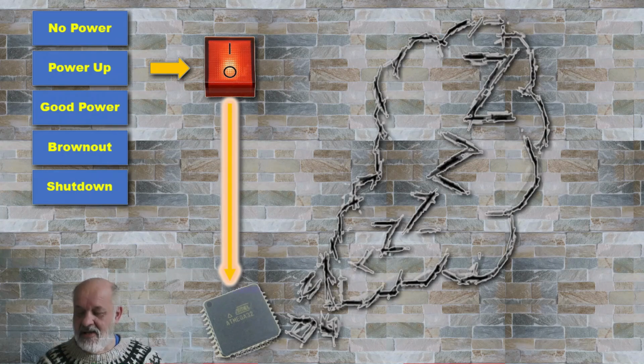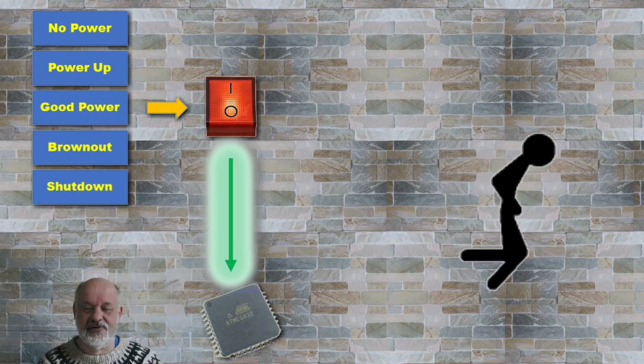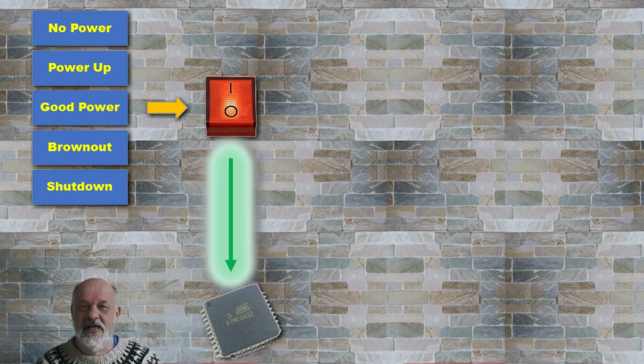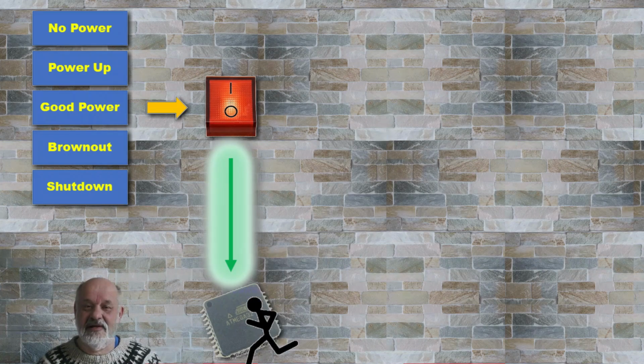Okay. The next state is that the power has reached acceptable levels. The reset pin is released so that the microcontroller is allowed to run. Now, the release of the reset pin, when does it happen?